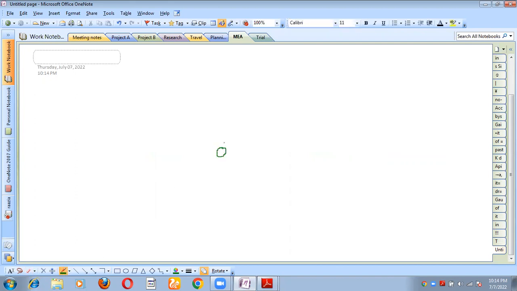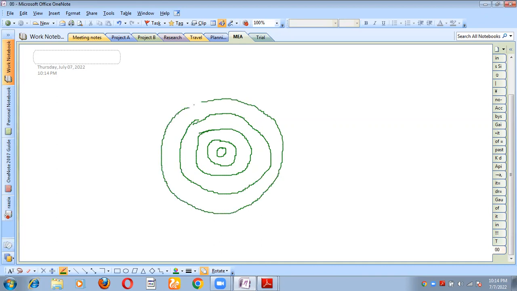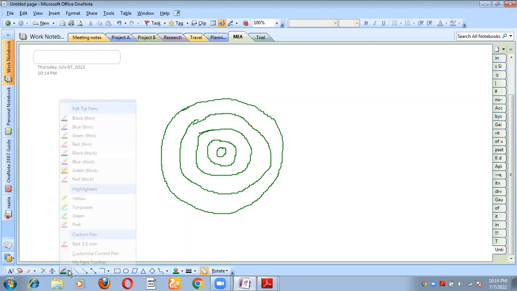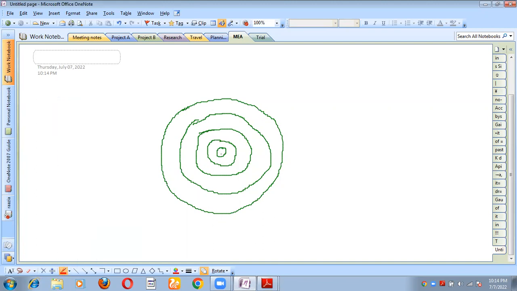Suppose I have a sphere like this, and suppose I place a charge Q at the center. So electric field lines are moving like this.